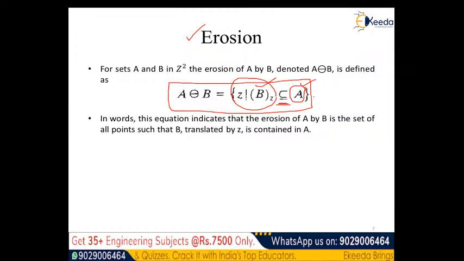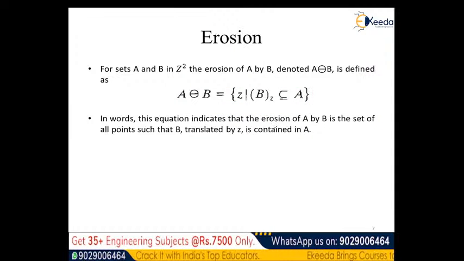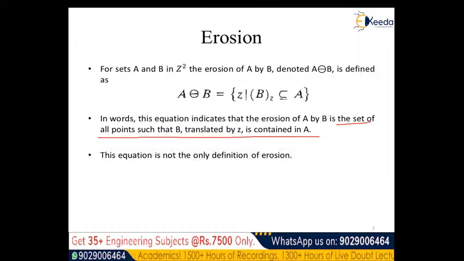So this is 'subset of'. This is the word definition: the set of all the points such that B translated by z is contained in the original image capital A. This equation is the basic definition of erosion here.